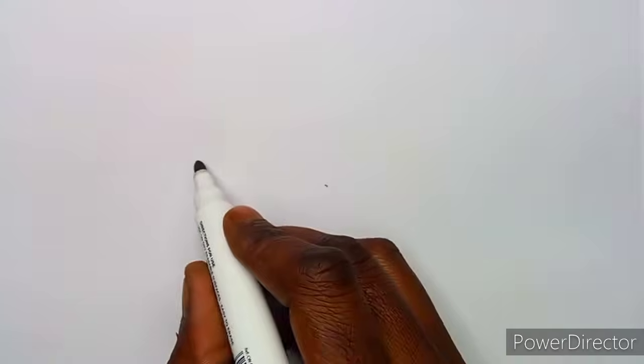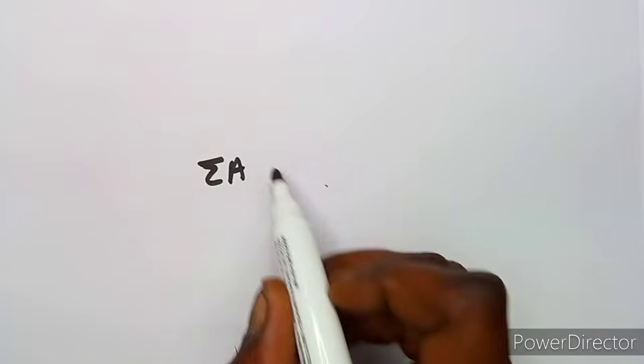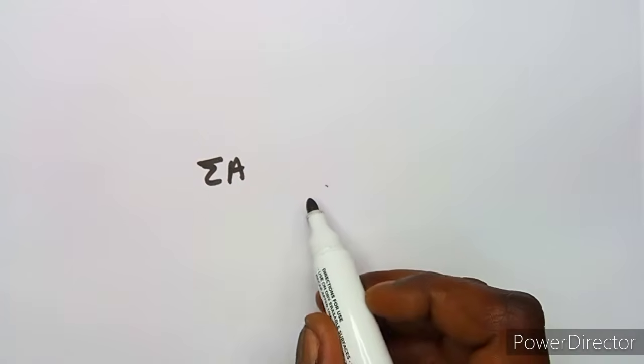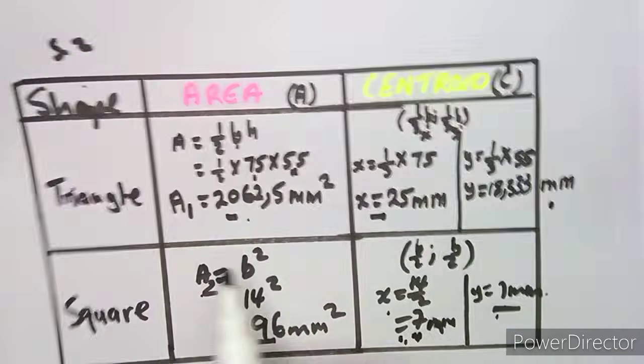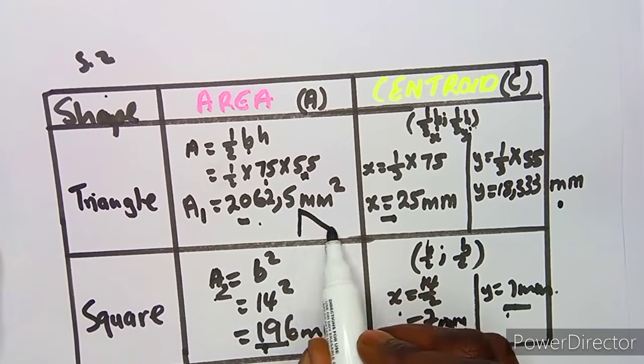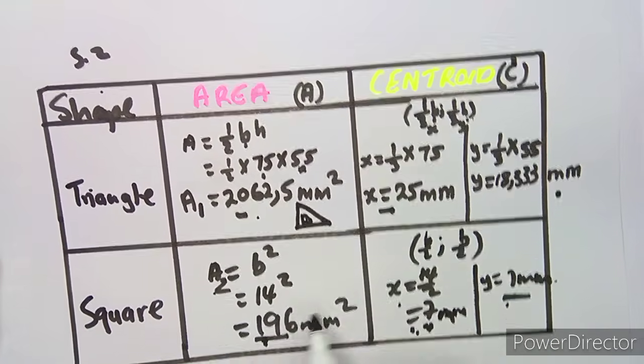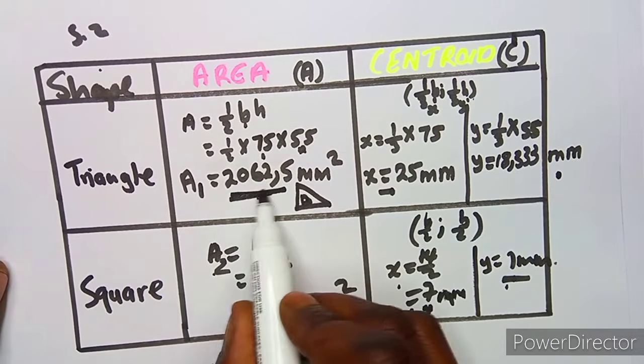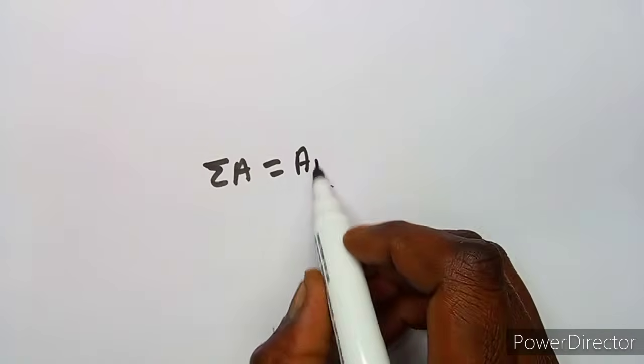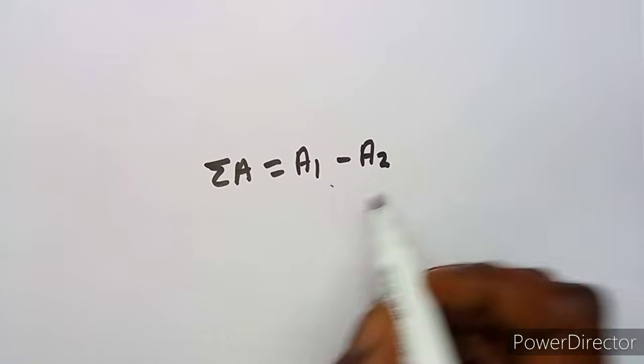The total area is easy, guys, because we are simply subtracting these two, because we have got a triangle, then a square inside. So you subtract a square from a triangle, so it is area 1 minus area 2, area of a triangle minus area of a square.